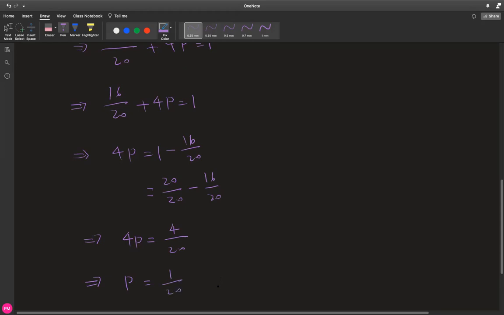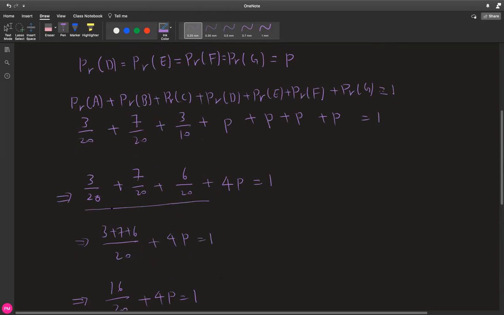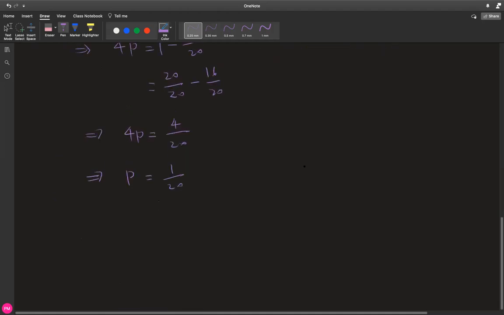So what does this imply? This implies that the probability of D, E, F, and G all equal 1 over 20. And that's really all there is to it in this problem. The only thing we really used was the fact that the probability assignments do add up to be 1. And that's really all you needed to solve this problem.